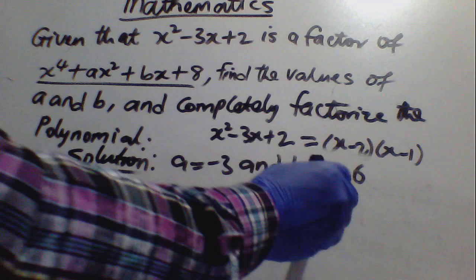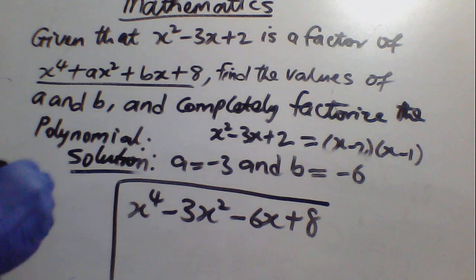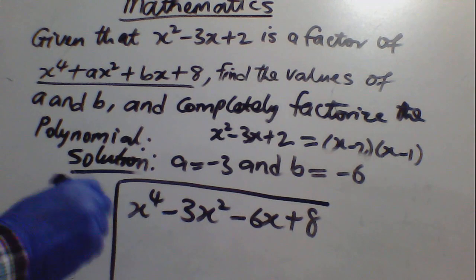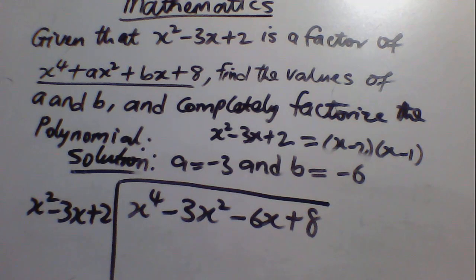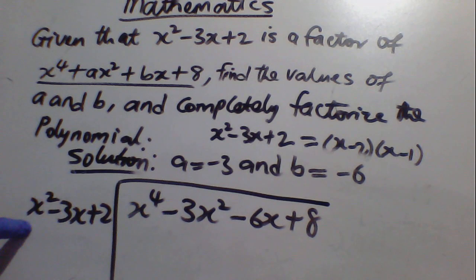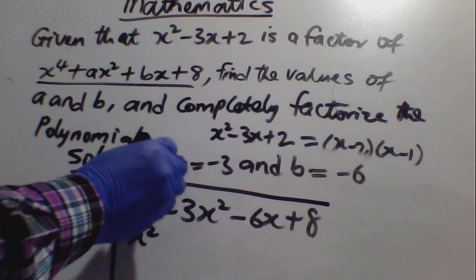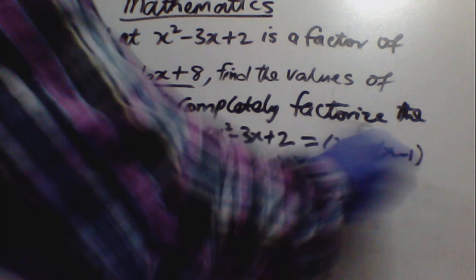Long division. Draw a long division line here. You are factoring with x squared minus 3x plus 2. So in this case, x raised to power 4 divided by x raised to power 2 will give us x raised to power 2 here. So let me clean here to have space.